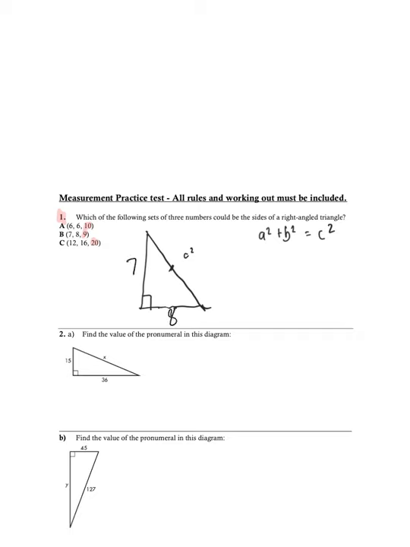7, 8, and the value of the hypotenuse is going to be 9. Okay, so the value of A is 7, plus 8 squared equals 9 squared. Okay, so 7 sevens are 49, 8 eights are 64, and 9 nines are 81.